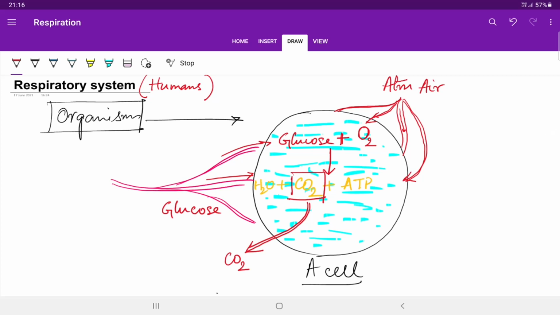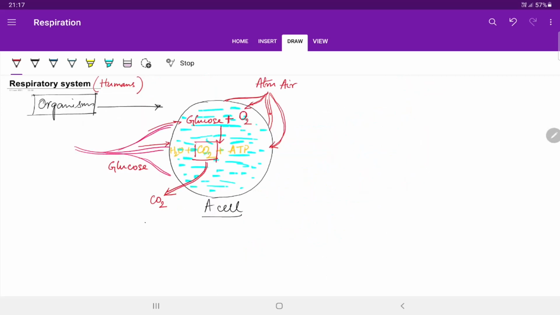The mechanism involved is carried out through a set of organs which constitute the respiratory system. The process of taking in oxygen is called inhalation, and the process of expelling carbon dioxide is called exhalation, which together is termed breathing.